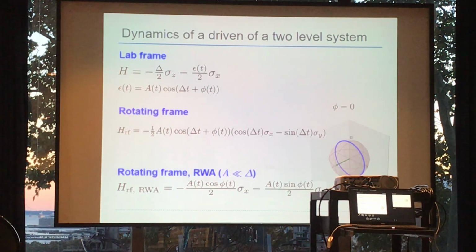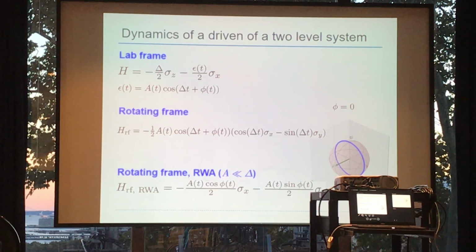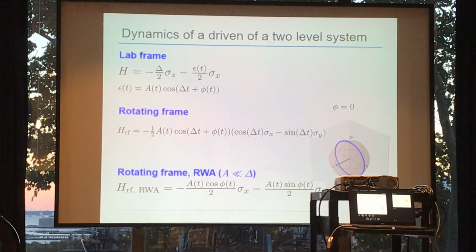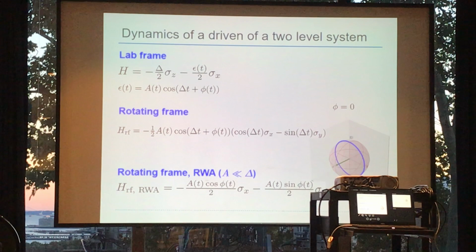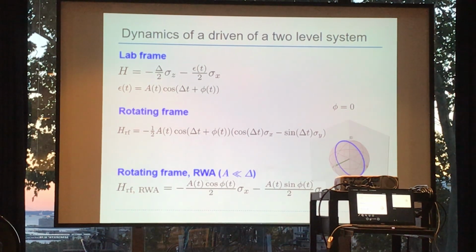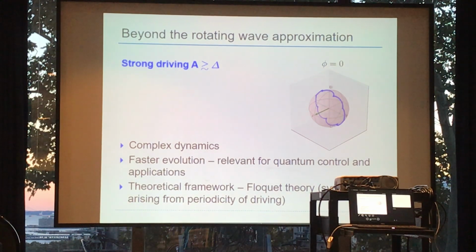Now in superconducting qubits, it's really easy to get access to that regime, and this is also the case in some other implementations, in quantum dots as well. For example, you can reach this regime where the driving amplitude is larger than the qubit transition frequency, and we are interested to see what happens in that case.